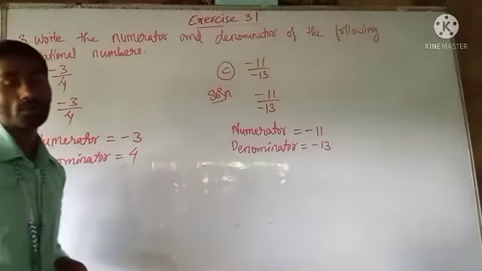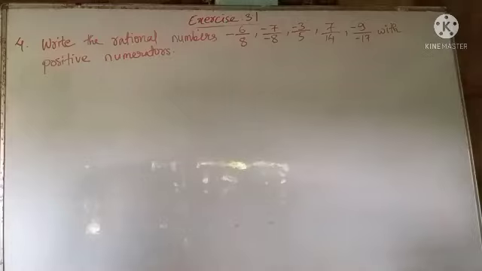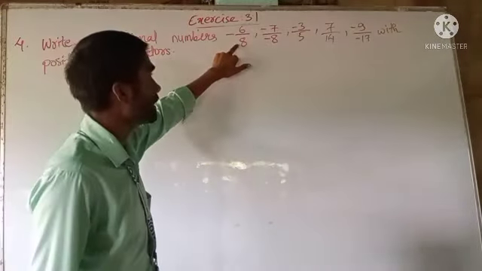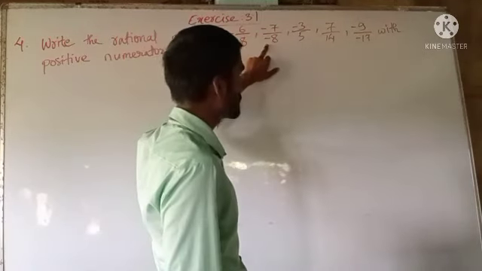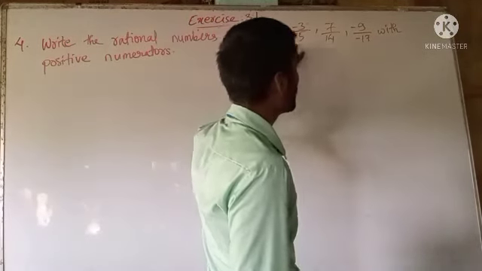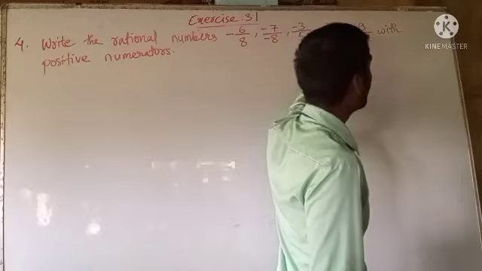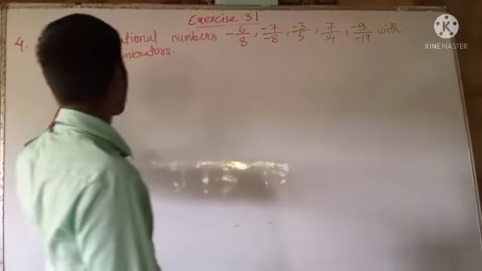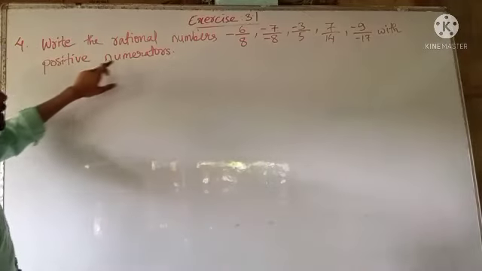Now let me show you question number 4. Here question number 4: write the rational numbers minus 6 by 8, minus 7 by minus 8, minus 3 by 5, 7 by 14 and minus 9 by minus 17 with positive numerators.